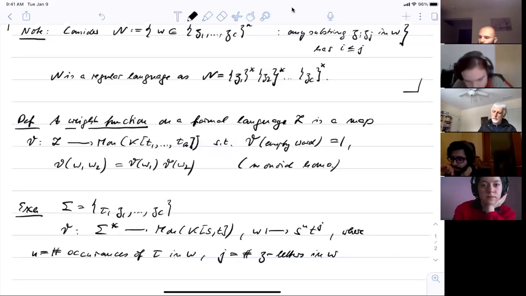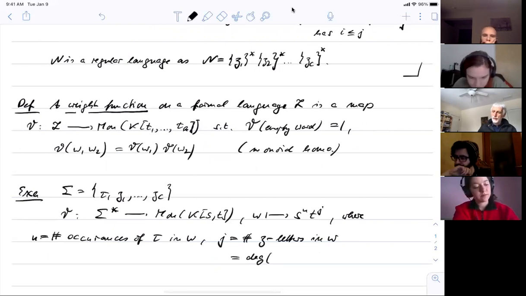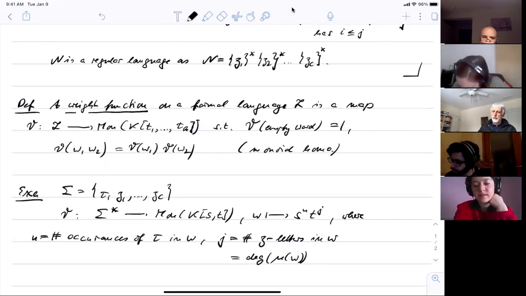And if you remember our encoding, the zeta letters were replaced by axes, by variables. And so this is the same as the degree of the monomial corresponding to W under our encoding map mu.